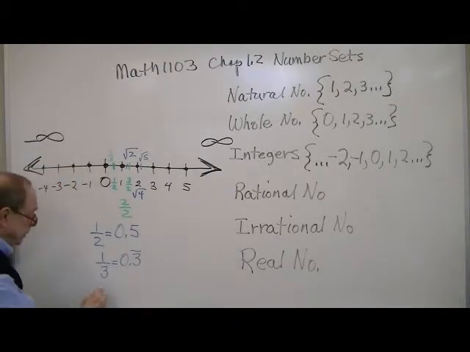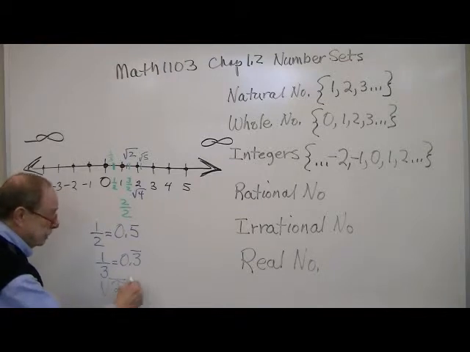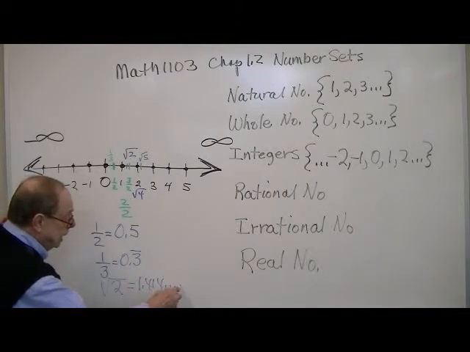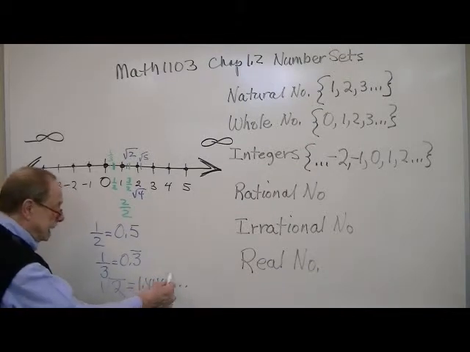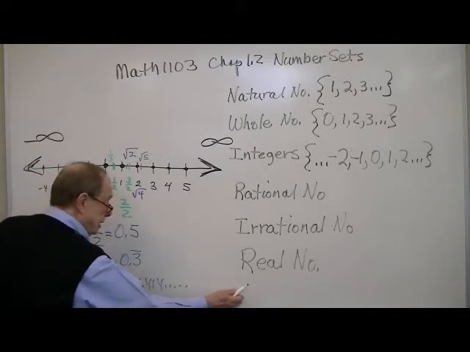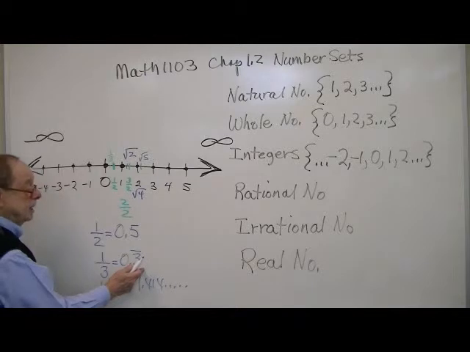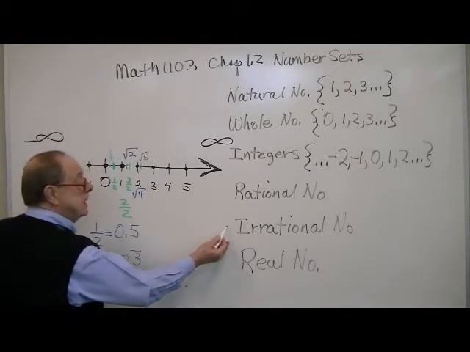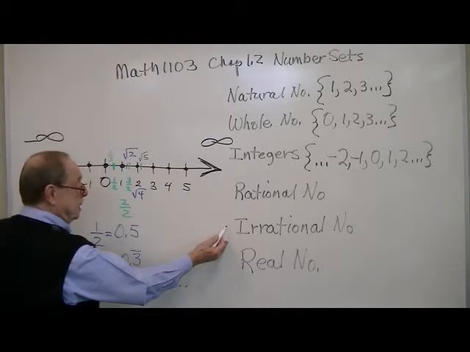But if we take the square root of 2 and go to its decimal form, it's 1.414, and it continues, not in a particular pattern, but it doesn't terminate or repeat. We say that this type of number is an irrational number.